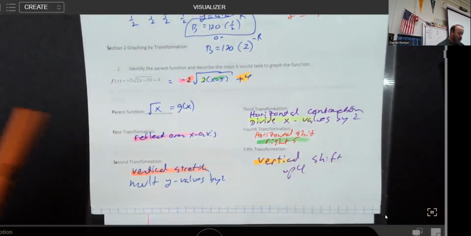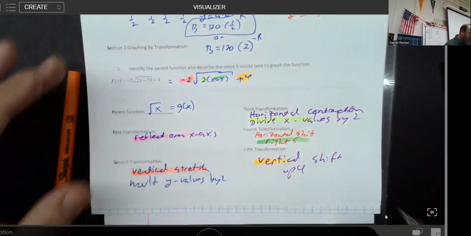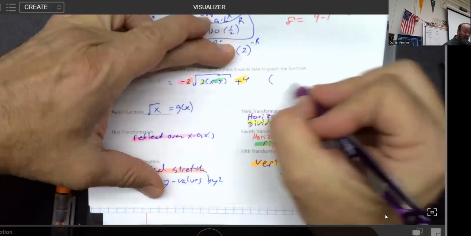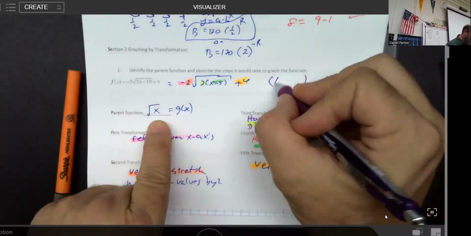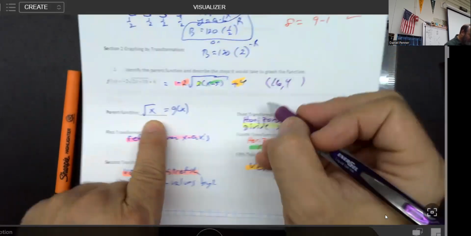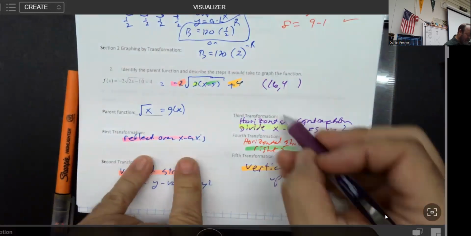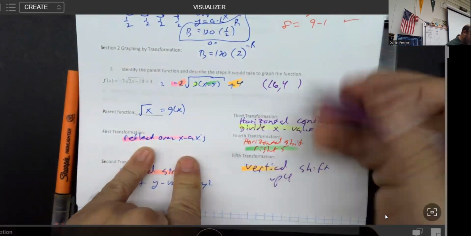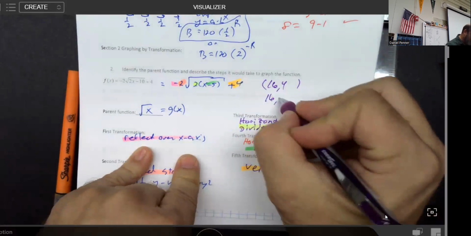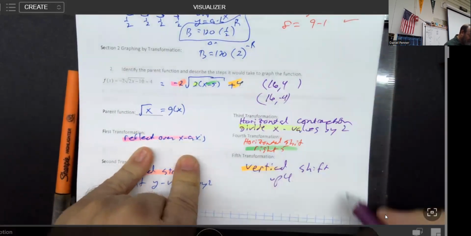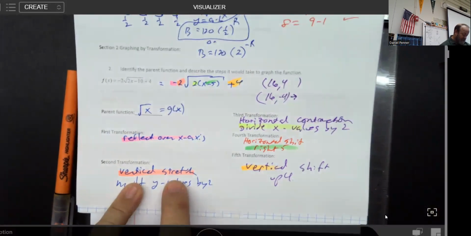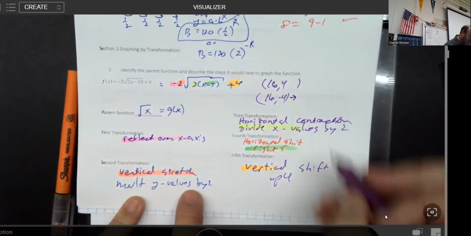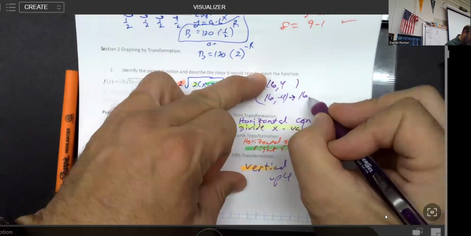So just to kind of work our way through it, if we were, say, taking a point on the original curve right here, like let's say we had 16, 4. As we go through this, the first thing I would do is I'd reflect it across the x-axis, which makes it 16, -4. Then what's going to happen is we're going to do a vertical stretch, which means we're going to multiply those y values by 2. So it became 16, -8.